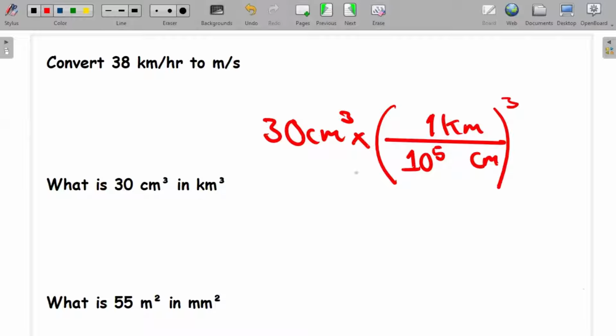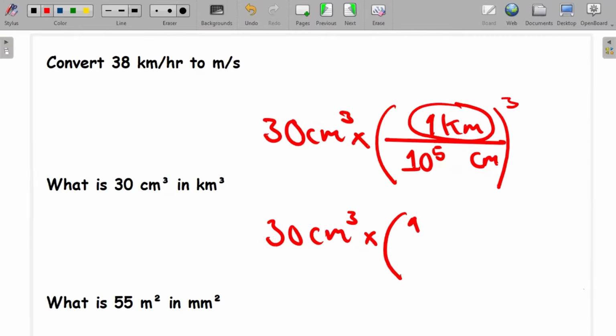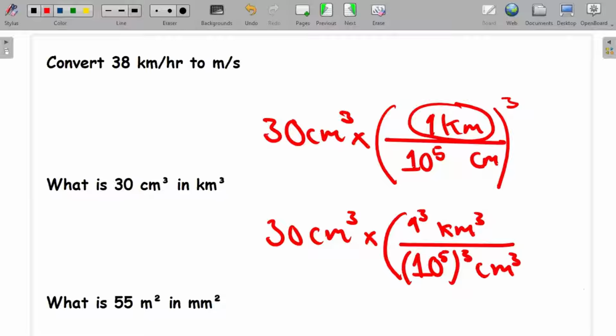And when you distribute this power, we're going to have 30 cubic centimeters multiplied by, if I distribute it on the numerator, 1 to the power 3 kilometer to the power 3, over, if I distribute it to the 100,000, 10 to the power 5 raised to the power 3, and the centimeter also raised to the power 3.